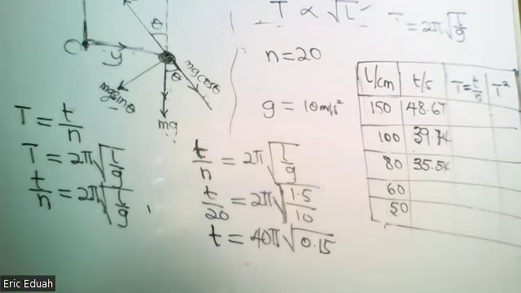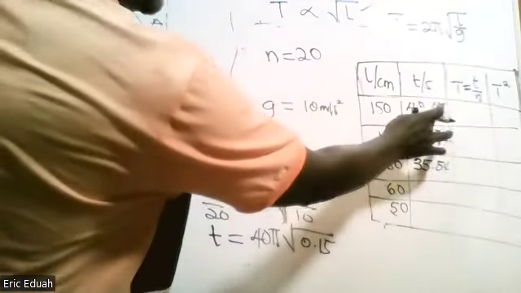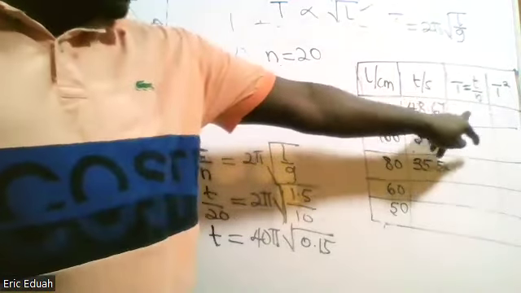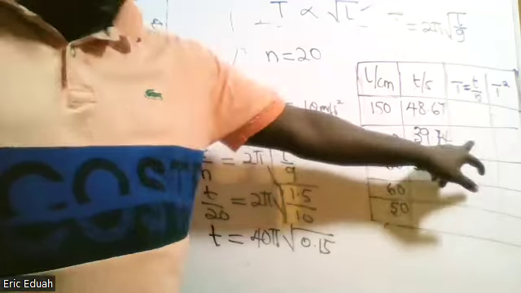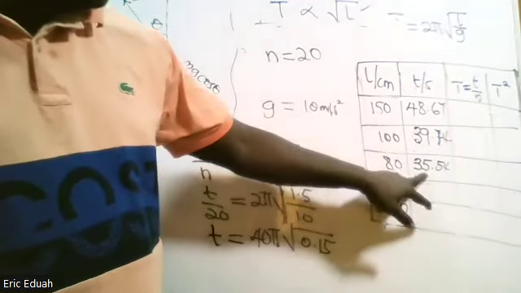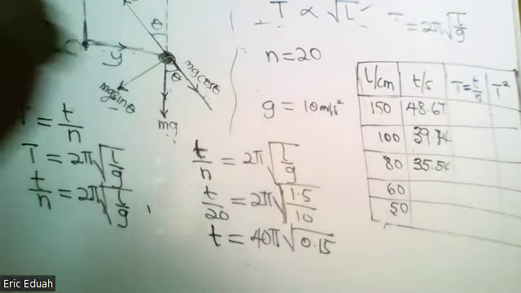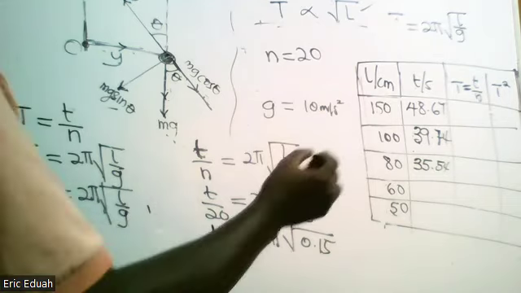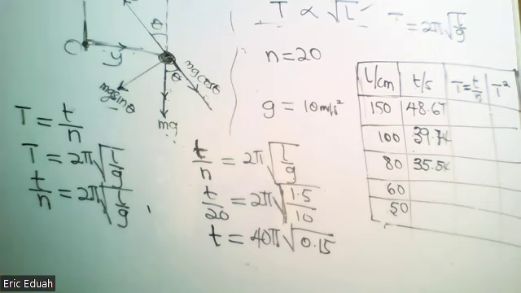So if you are to determine the period, it is just this divided by 20. 48.67 divided by 20, 39.74 divided by 20, 35.54 divided by 20. And look at this. We just said the period. So divide 48.67 by 20 for me.